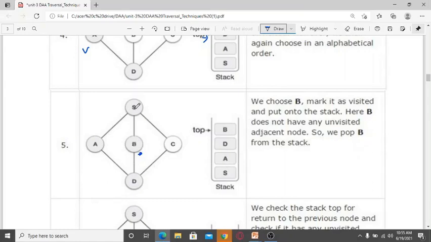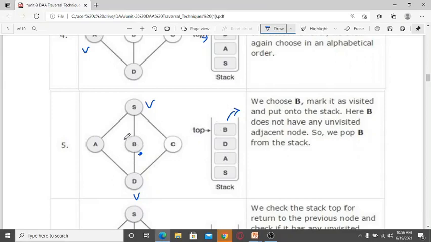Just check it out. S is already visited, D is already visited. Now when both are visited and it does not have any unvisited adjacent node, you need to pop B from the stack.